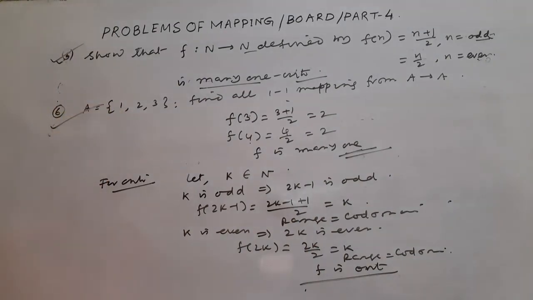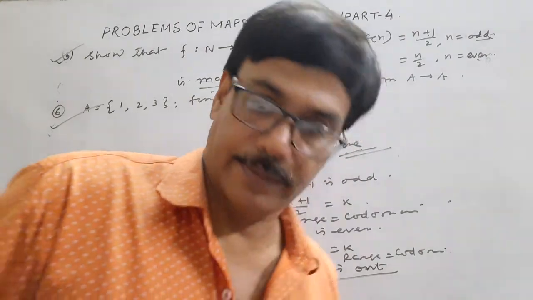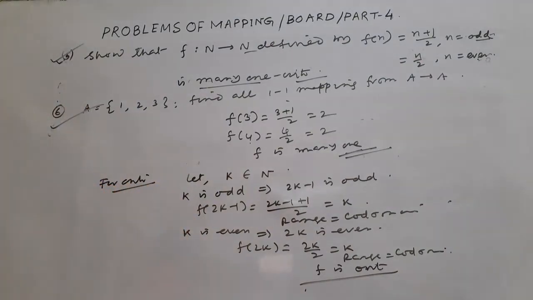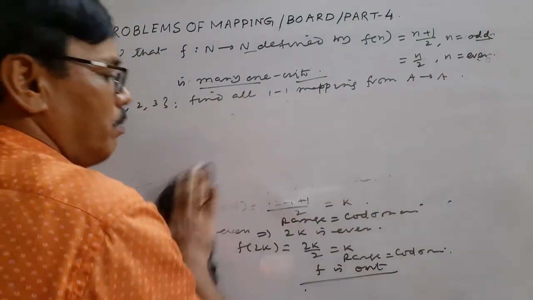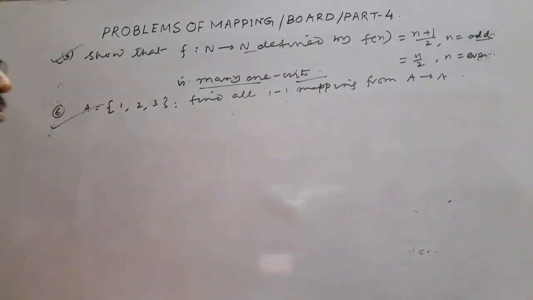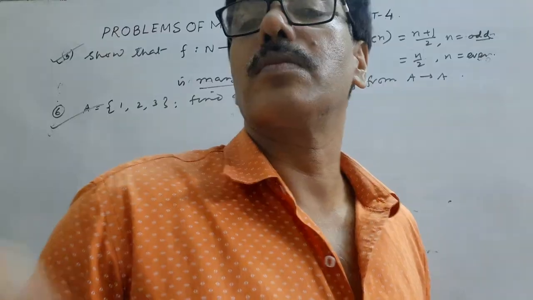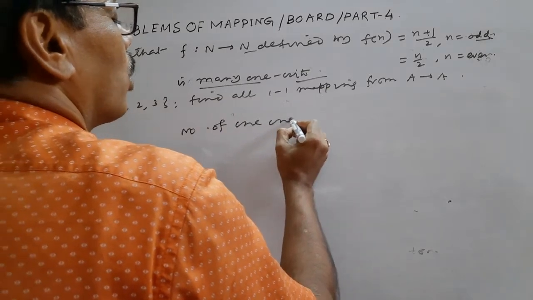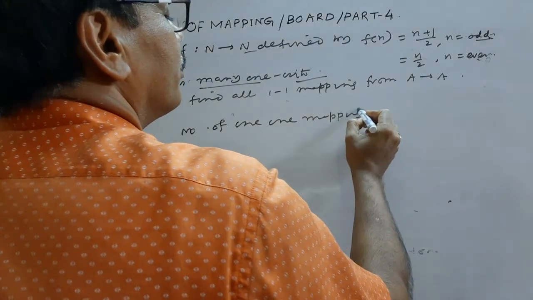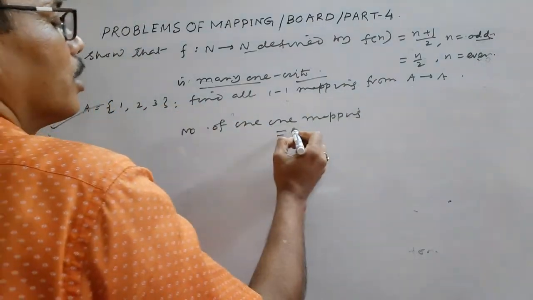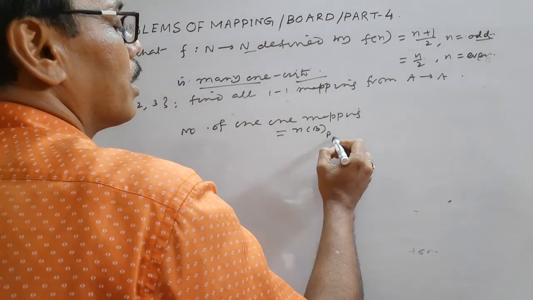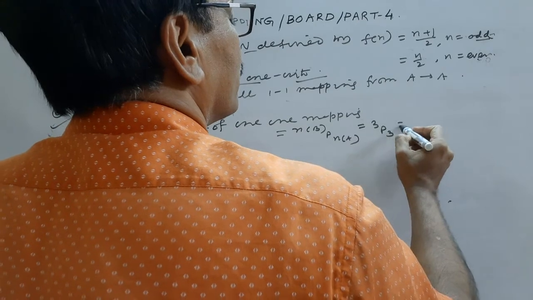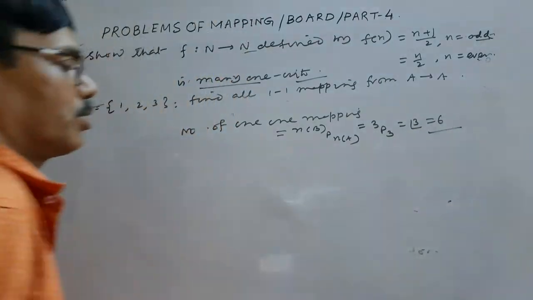Next, 6. Number of one-one mappings from A to B, where A has 3 elements and B has 3 elements, equals nPr, that is 3P3 = 3! = 6.